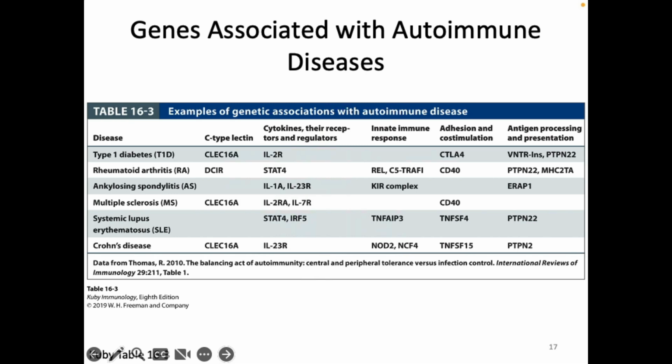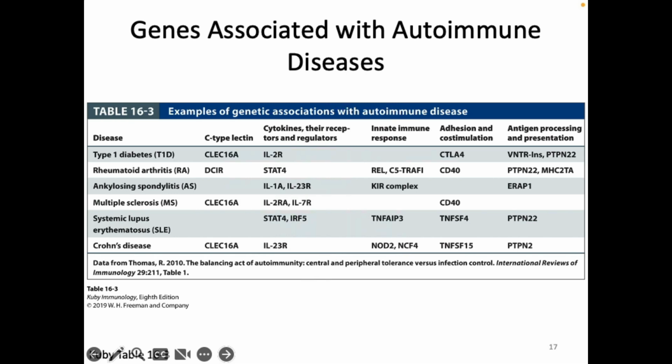Not a shock to imagine how cytokines could be involved in autoimmunity. Some of them are involved in innate immune responses. Some of them are involved in co-stimulation. Some are involved in antigen presentation. And so we have a lot of other genes that are associated with immune regulation.